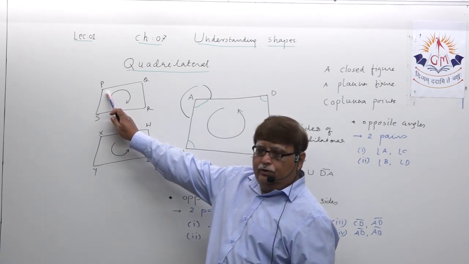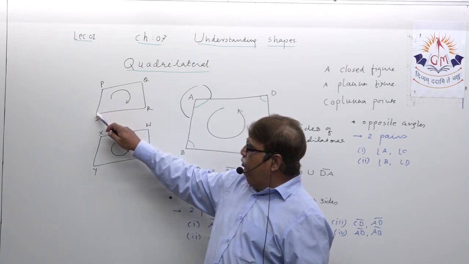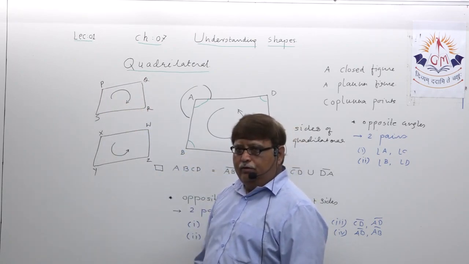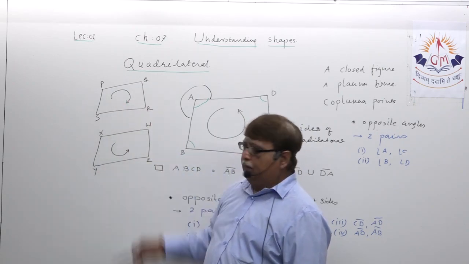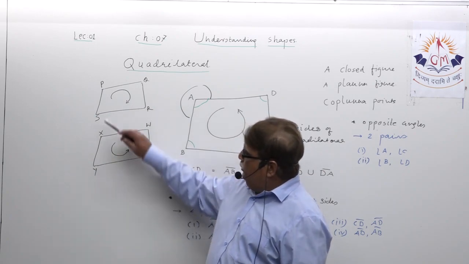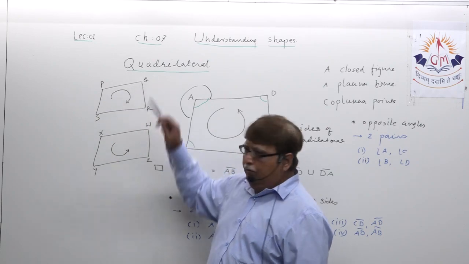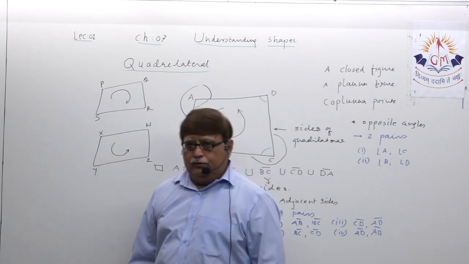Angle P and angle R. To give the full name, you know, angle SPQ or QPS, that I explained to you initially. Angle P, angle R. Angle S, angle Q. Two pairs of opposite angles.